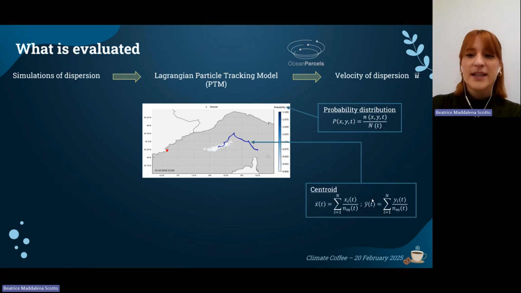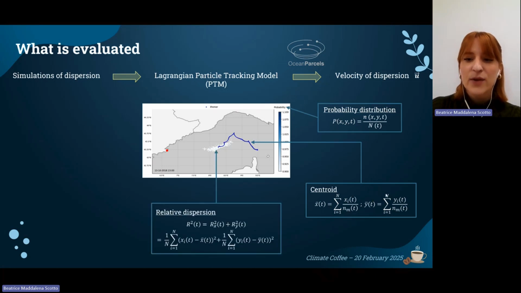Then we evaluate the centroids of the clouds of particles moving in time. By leaving the trace of the centroids in time, we have the trace that the oil slicks have followed.